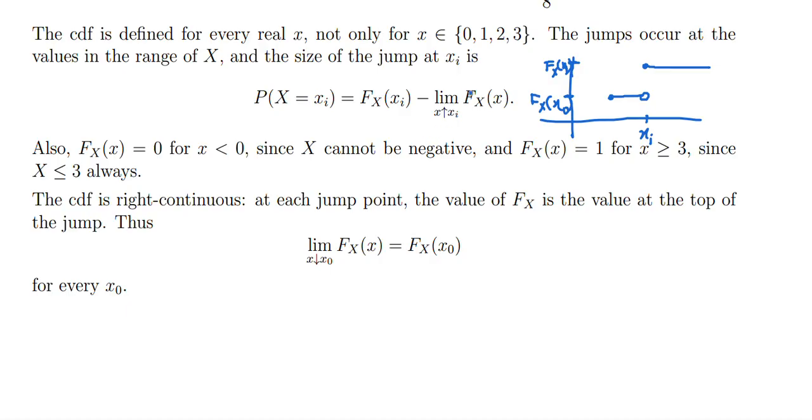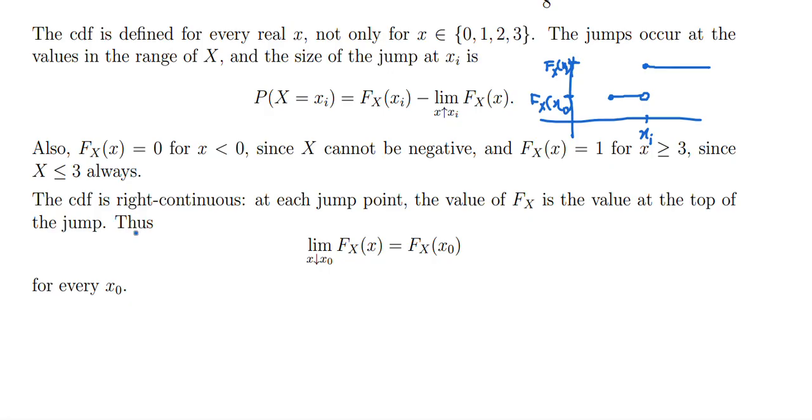Also F(x) equals 0 for x negative, since X cannot be negative, and F(x) is 1 for all x greater than or equal to 3, since X is always less than or equal to 3. The CDF is right continuous, which we can observe from the graph. At each jump point, the value of F_X is the value at the top of the jump.